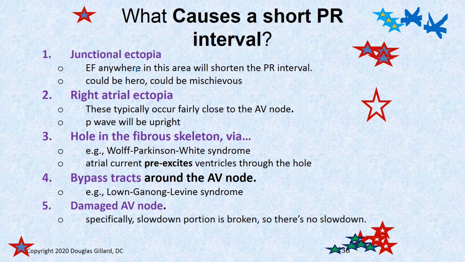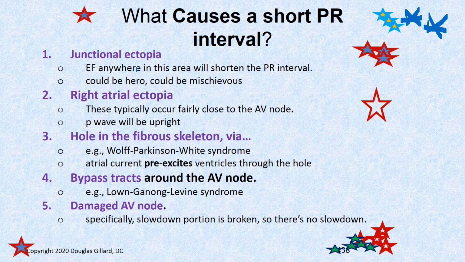Right atrial ectopia, so an ectopic focus in the right atria, especially if it's fairly close to the AV node, the P wave will be upright, but the PR interval will still be way too short. Next time we'll talk about PACs.